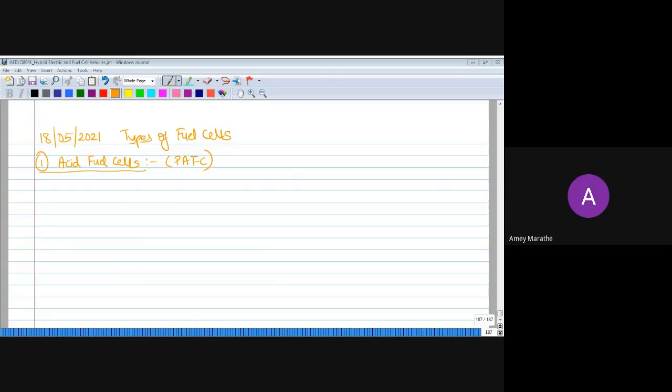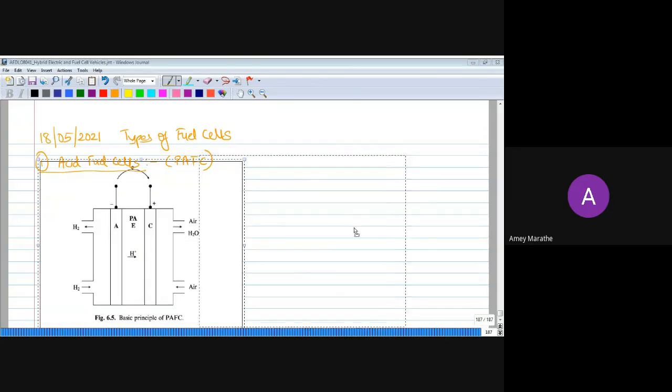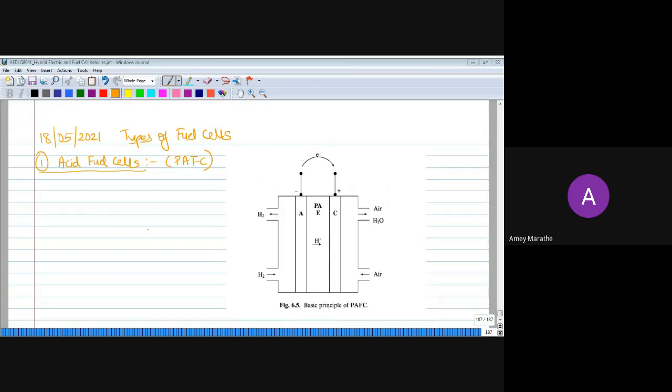Now let us see how this fuel cell works. Let me just paste this diagram. This is how the phosphoric acid fuel cell will look. A stands for anode, as we have seen in the basic structure, and C stands for cathode.